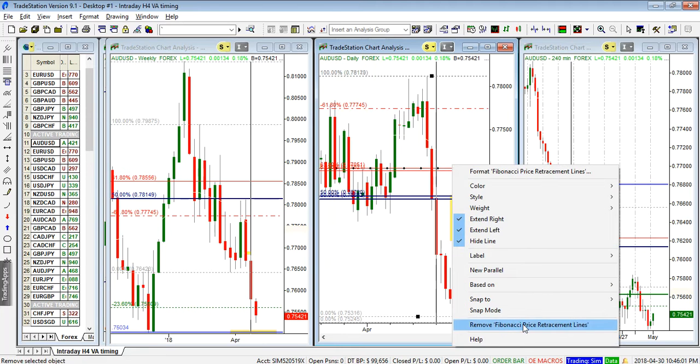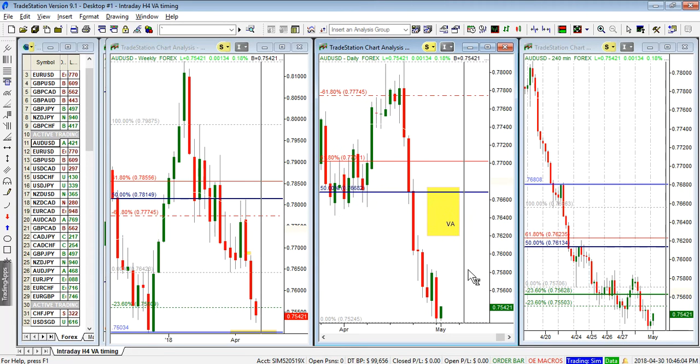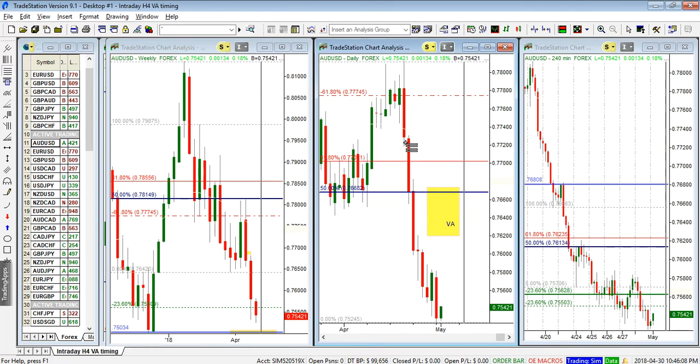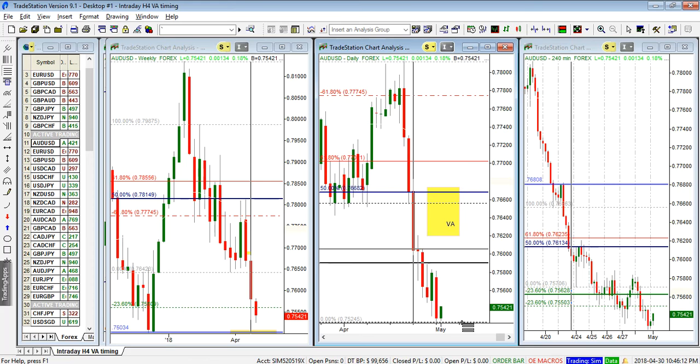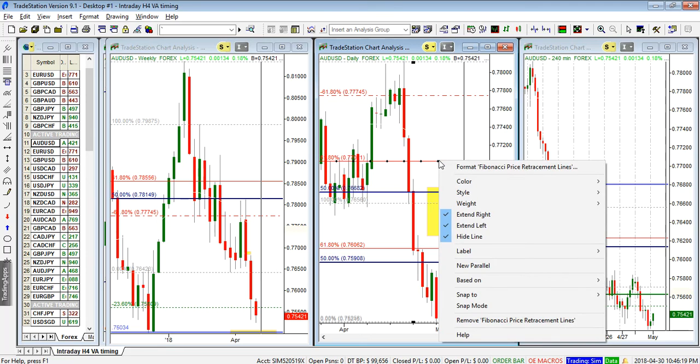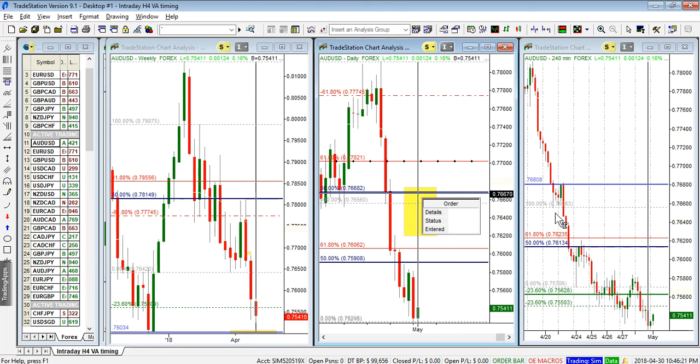And let me remove the previous trace here. The new lows are in, and this market is more likely going to retrace into a 50% of one of these two anchors. So for now, I'm going to use the lower anchor here, and that's what we're going to use.